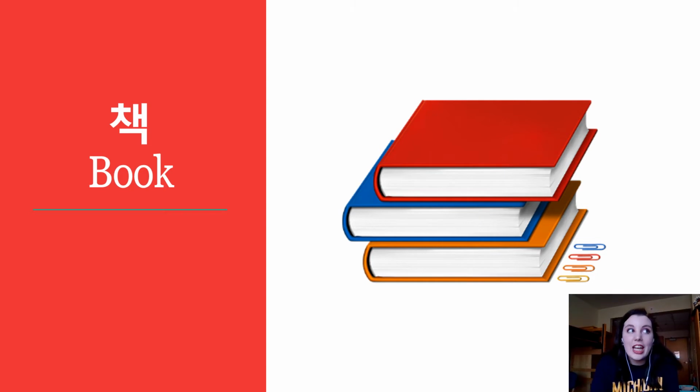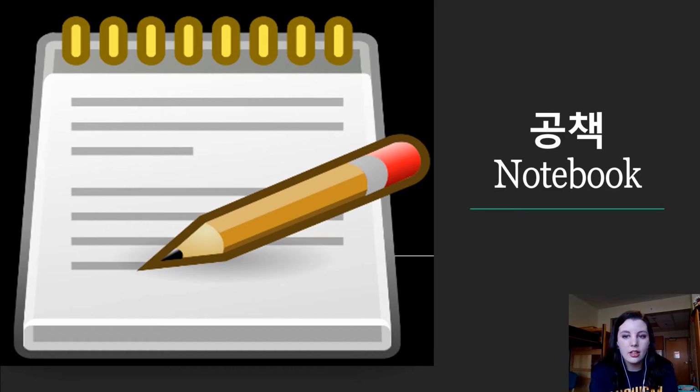Okay, do you remember 책상 from earlier? Desk? This is 책. 책 is book. So 책상, desk, literally translates to book table. Do you see 책 by any chance anywhere in this word?